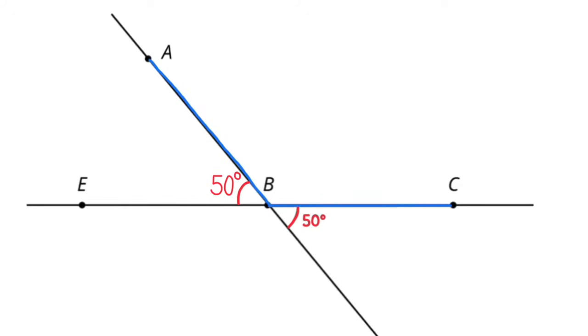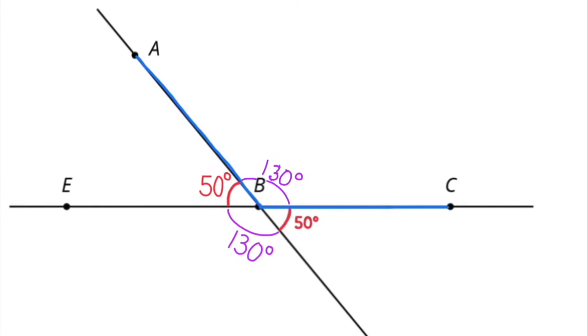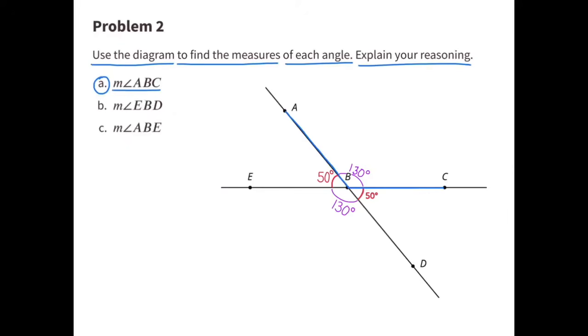So opposite 50 degrees will be another angle of 50 degrees. Angle EBC will total 180 degrees, and I know that angle ABE is 50 degrees, so the remainder is 130 degrees. Angle ABC measures 130 degrees.